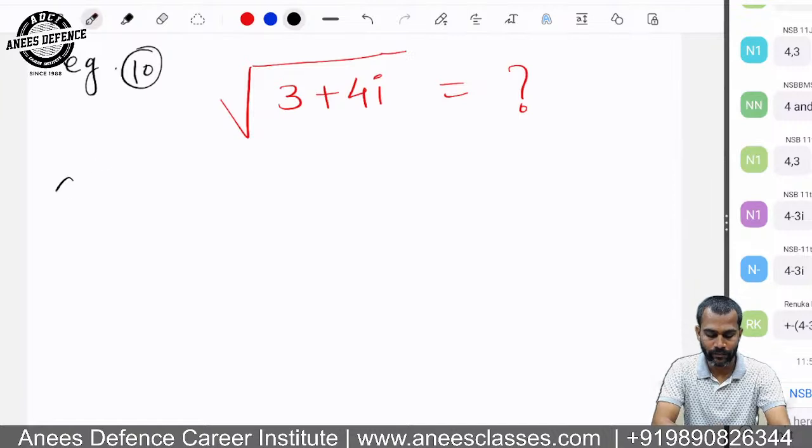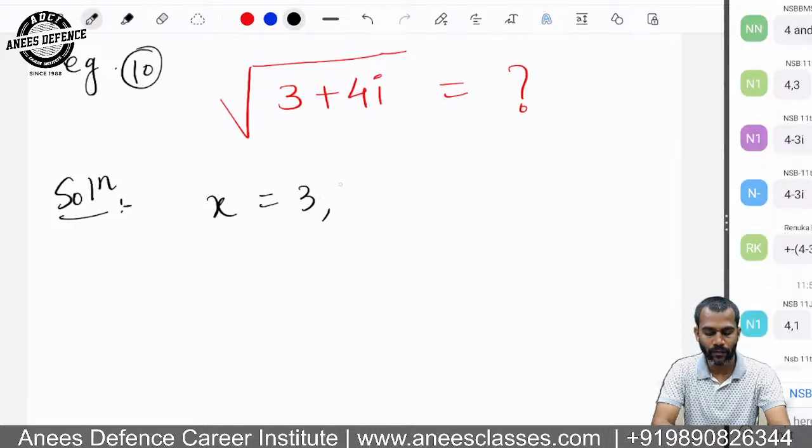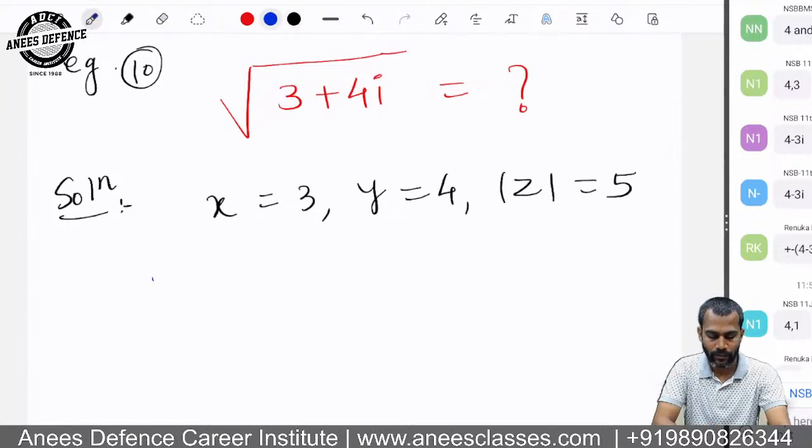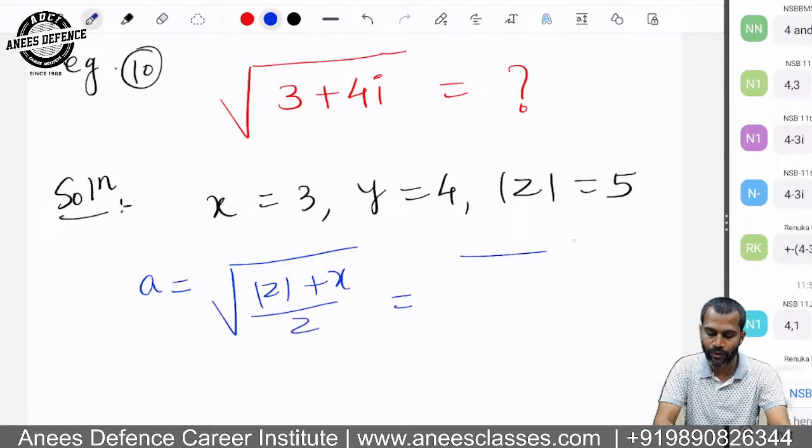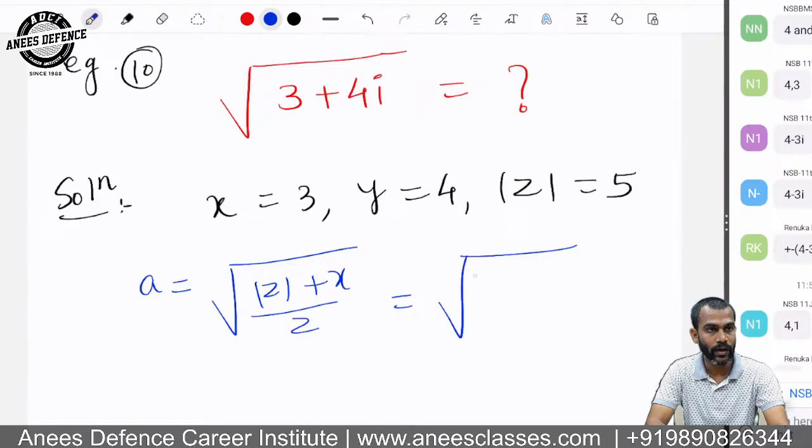Very easy. X is 3, Y is 4, and modulus of z is 5. What is A? A is mod z plus x by 2. What is mod z? 5 plus 3 by 2. That is 4 by 2, that is 2.